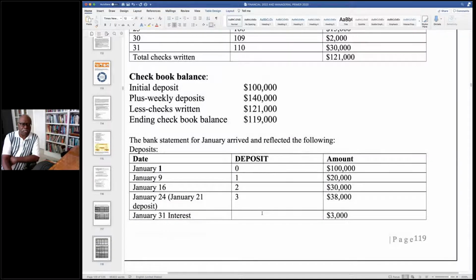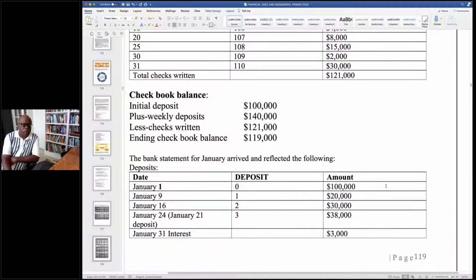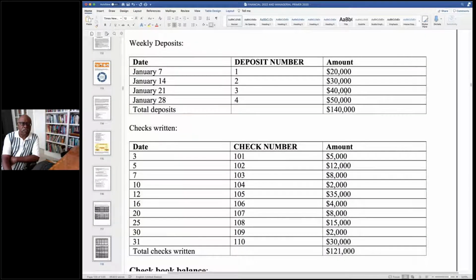The bank statement comes in. It has the deposit for 100,000, the January 9th deposit for 20, and the January 6th deposit for 30,000. But for the January 24th deposit, which we recorded on January 21st, we said it was 40,000.